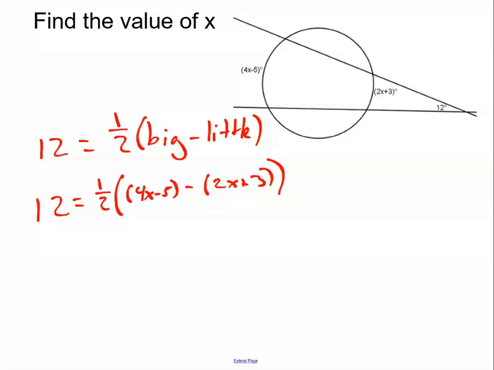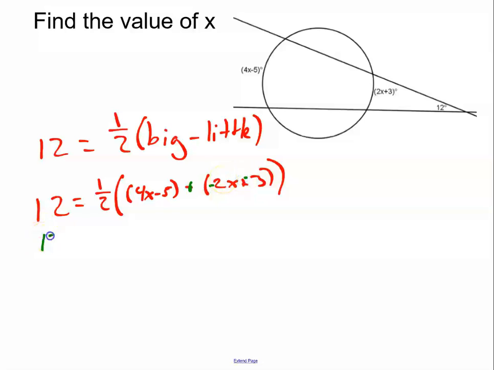So we basically change the minus into a plus a negative. Subtracting is the same thing as adding a negative. And if I take a negative and distribute it, it's going to make that a negative 2x and a negative 3.